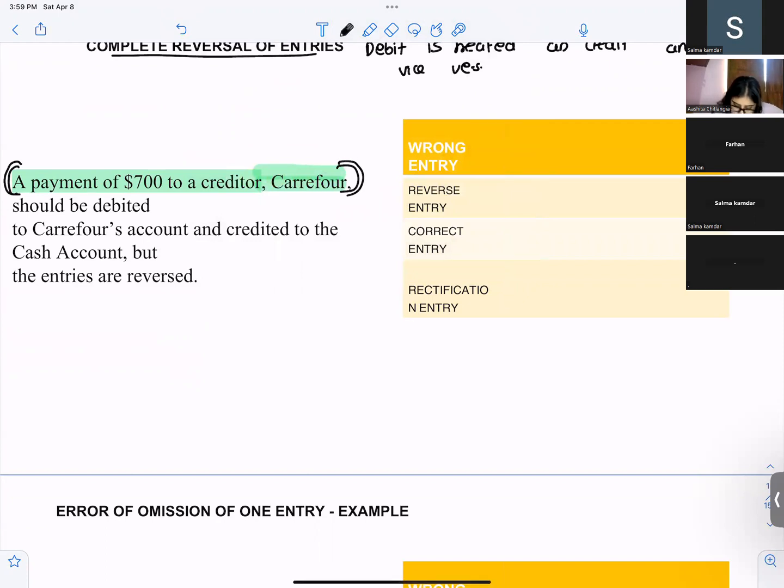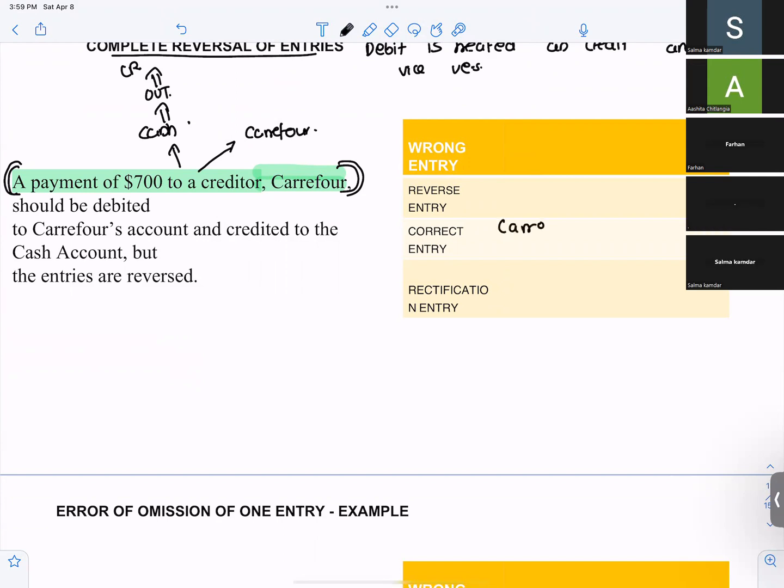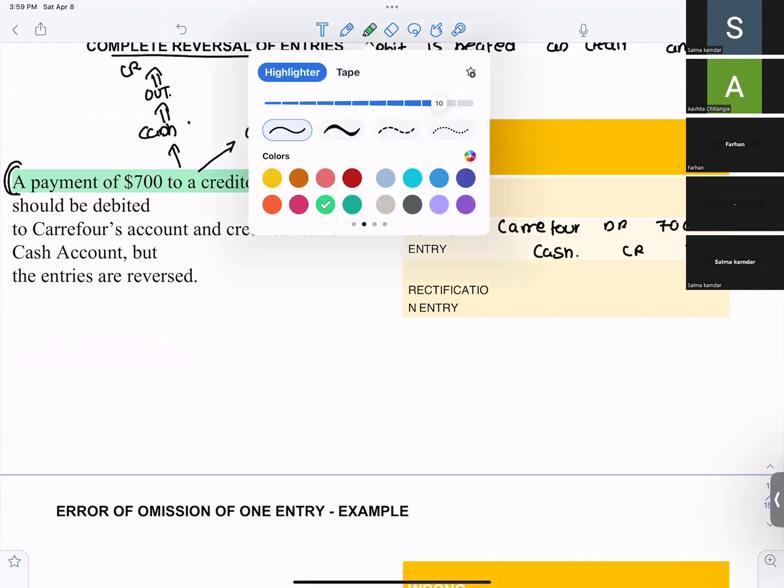Cash is going out, so debit or credit? Credit. So cash will be credit, and Carrefour will be debit. So the correct entry is Carrefour debit 700, cash credit 700.